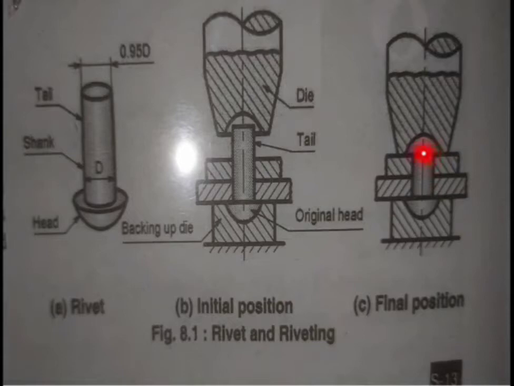This riveting process is called cold riveting and is generally used for structural work, such as bridges and roof trusses. If the rivet shank is inserted hot, the process is called hot riveting, generally used for leak proof joints.